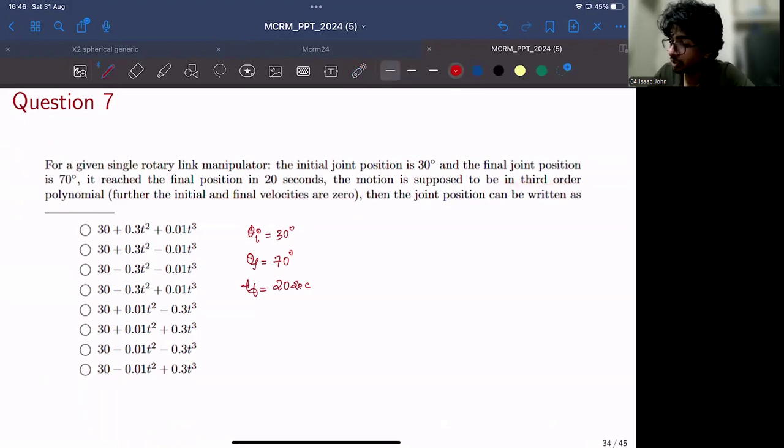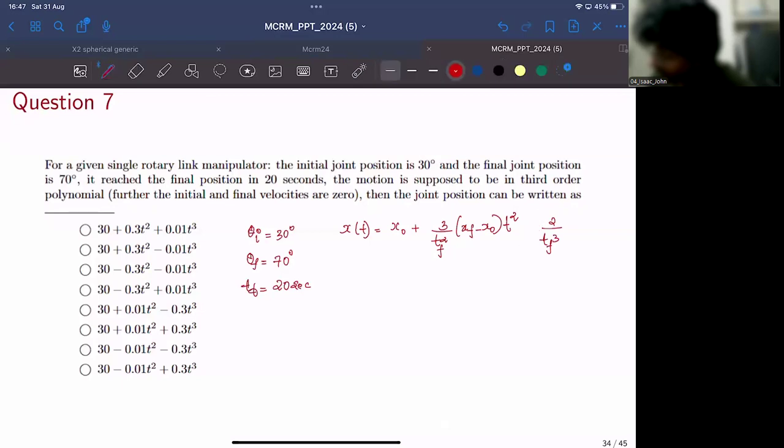So since this is also a given condition, initial and final velocities are 0, you can again carry forward the same expression. x of t is x0 plus 3 by tf square times xf minus x0 times t square, plus 2 by tf cube.